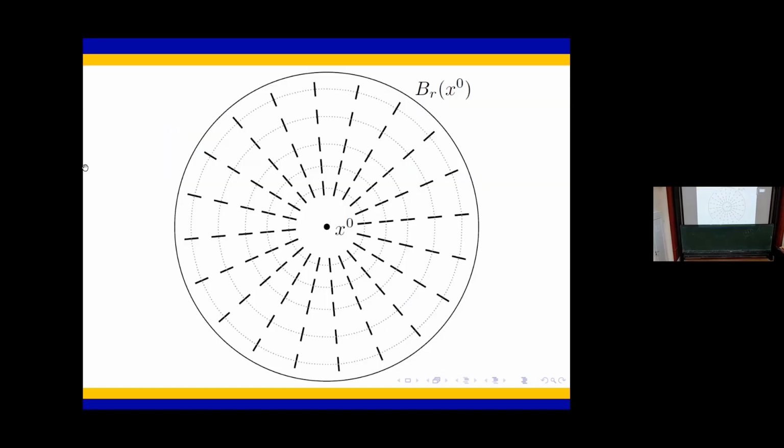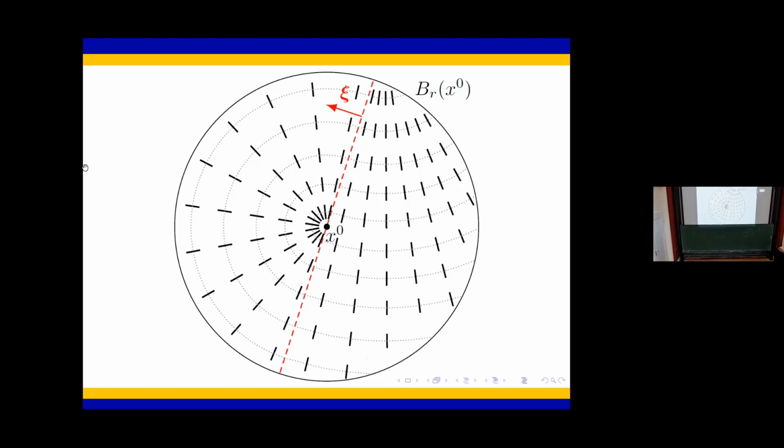Either you are in this situation when you have a target, or you have a U-turn. You have a U-turn on this side, and on the other side this is Lipschitz continuous. Okay. So this is a zero energy limit.